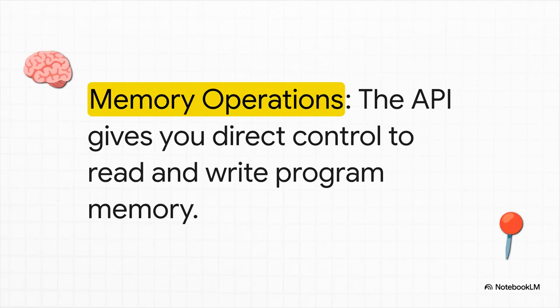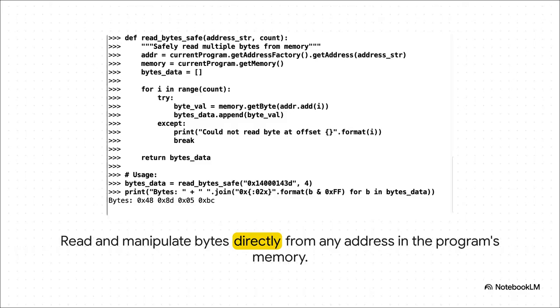Okay, next up, let's go a level deeper. Reverse engineering is all about memory, right? And the API gives you direct, granular control over it. Right here, you can see a simple little script that creates an address object and then just reads a specific number of bytes from that exact location. This is the fundamental building block for everything from custom data parsing to memory forensics.